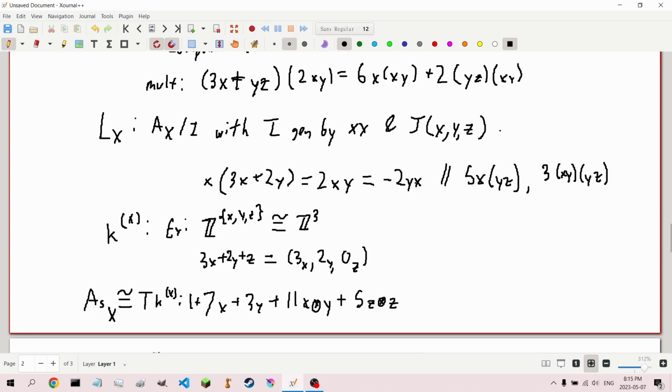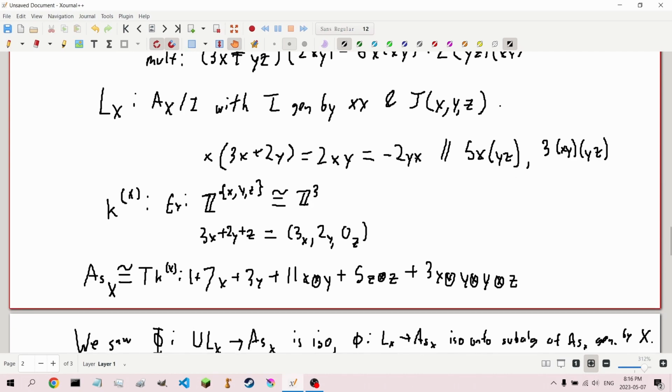And we don't have anything like that in the associative algebra, we have elements of the form 3x tensor y tensor z, but we don't ever have this. Essentially, the free associative algebra is, as it would suggest, associative, where the free Lie algebra is not necessarily associative, which makes sense given their properties.